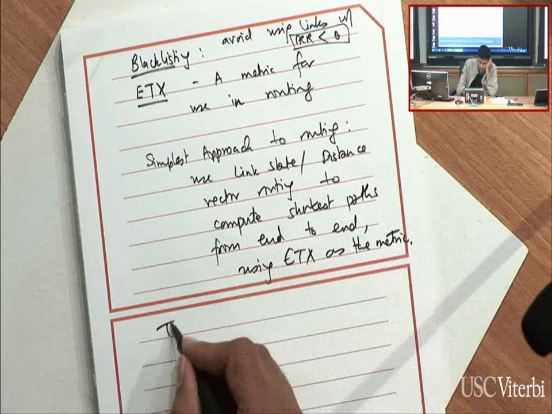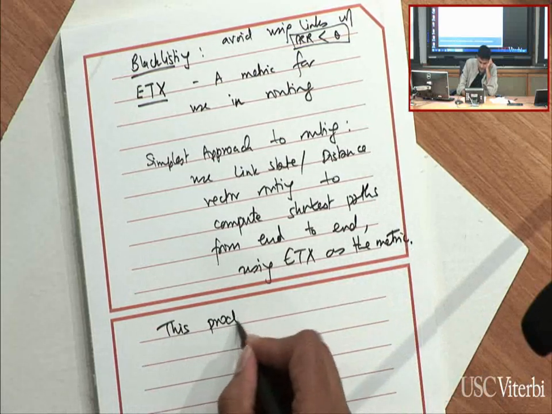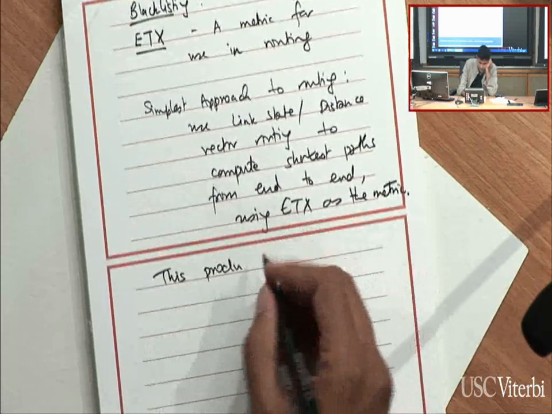Okay. This produces paths that are minimum in terms of the sum of ETX.